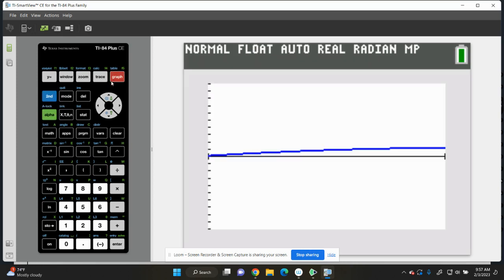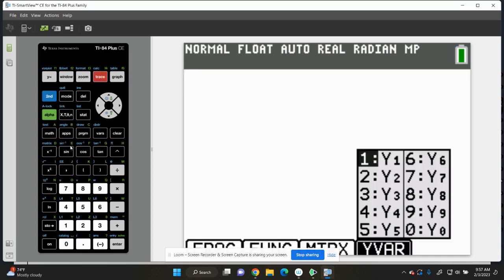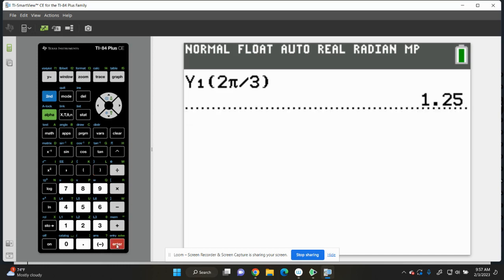Alpha graph. What is it doing? Sorry, press the wrong one. Alpha trace. Okay, y1 parentheses 2 pi divided by 3. 1.25. Maybe you put your sine squared in wrong.